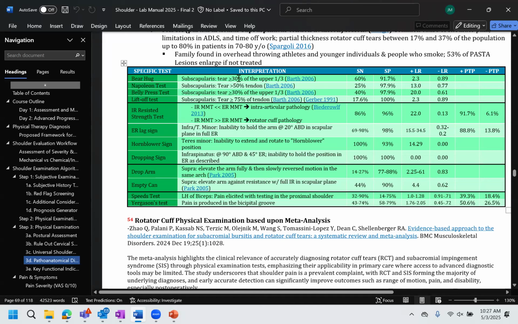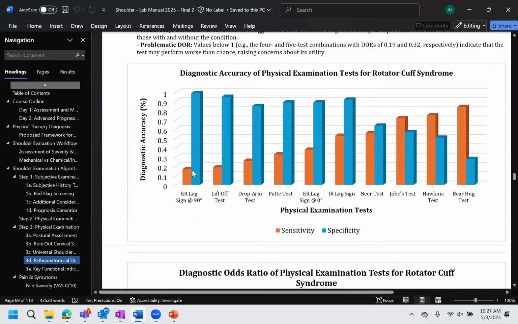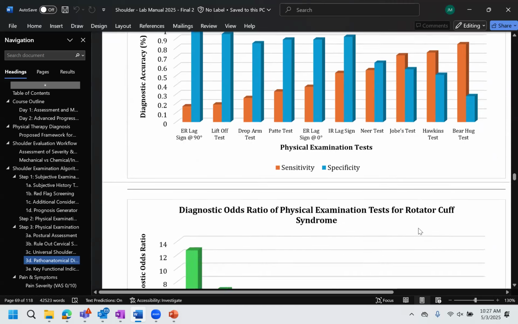For those of you that are more visually oriented, I've also taken the liberty of graphing that out. On the y-axis you have the diagnostic accuracy, and then you have the different tests listed on the bottom. It's stratified from lowest sensitivity to highest sensitivity, and then the specificity is shown in blue.